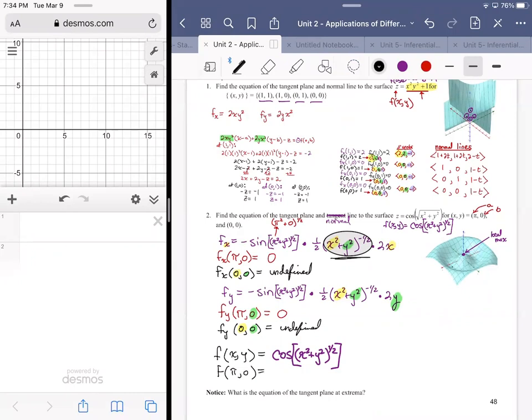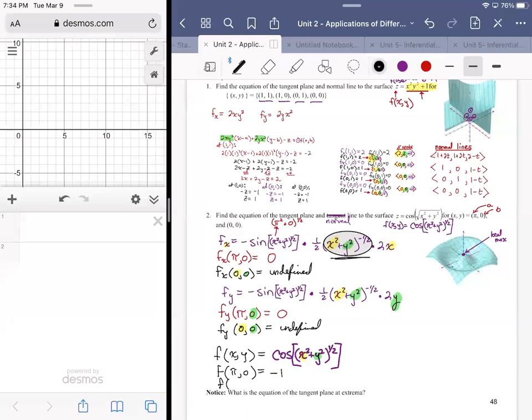If I plug in a pi for x and a 0 for y, it's the same idea as up here. It's going to be cosine of pi, right? Because pi squared plus 0 squared is pi squared, the root of which is pi. Cosine of pi is going to be a -1.